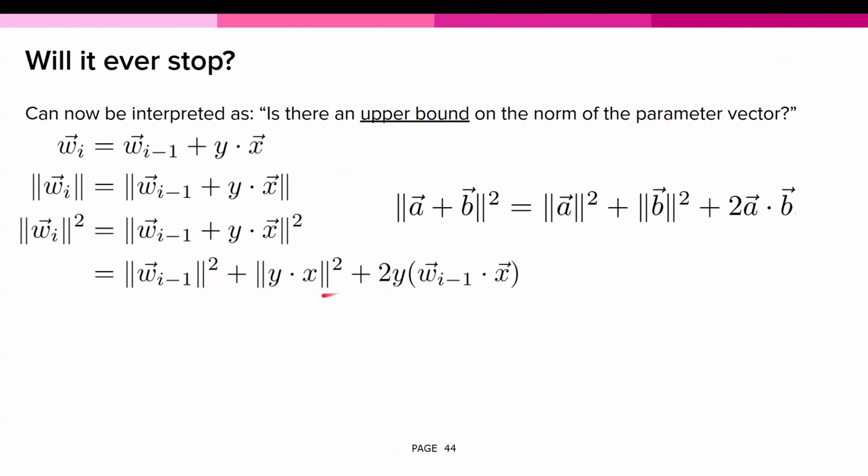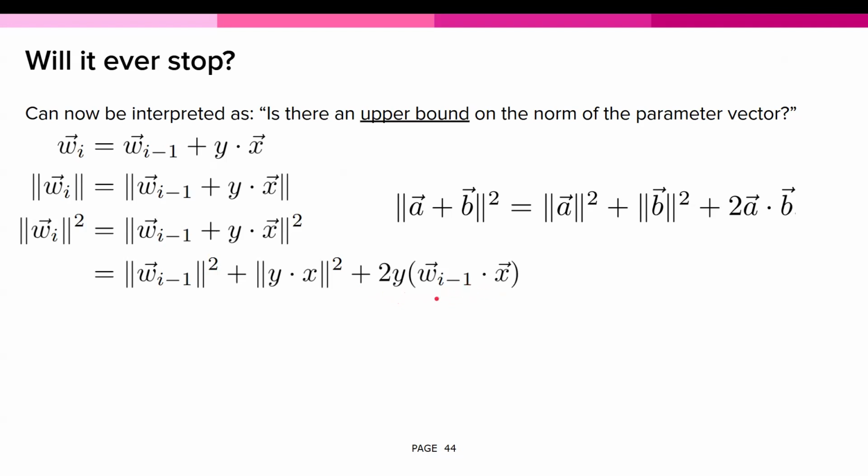And so this gives us the square of the solution at that previous update index plus the squared norm of the feature sample times the label, and plus this last term here. But this is where things get really interesting. So this last term here is the product of the true label and the weight vector just before the update.